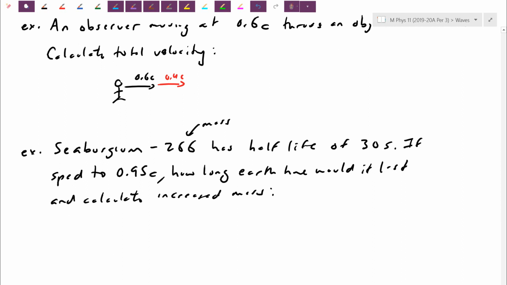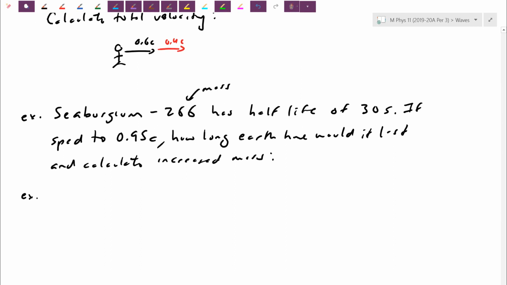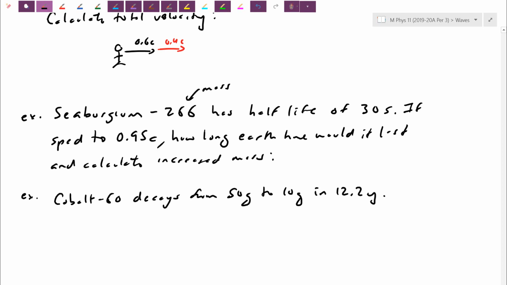And then I'll also leave you with one last one to practice with logarithms. So let's say I have cobalt 60. Cobalt 60 decays from 50 grams to 10 grams in 12.2 years. Calculate the half-life.